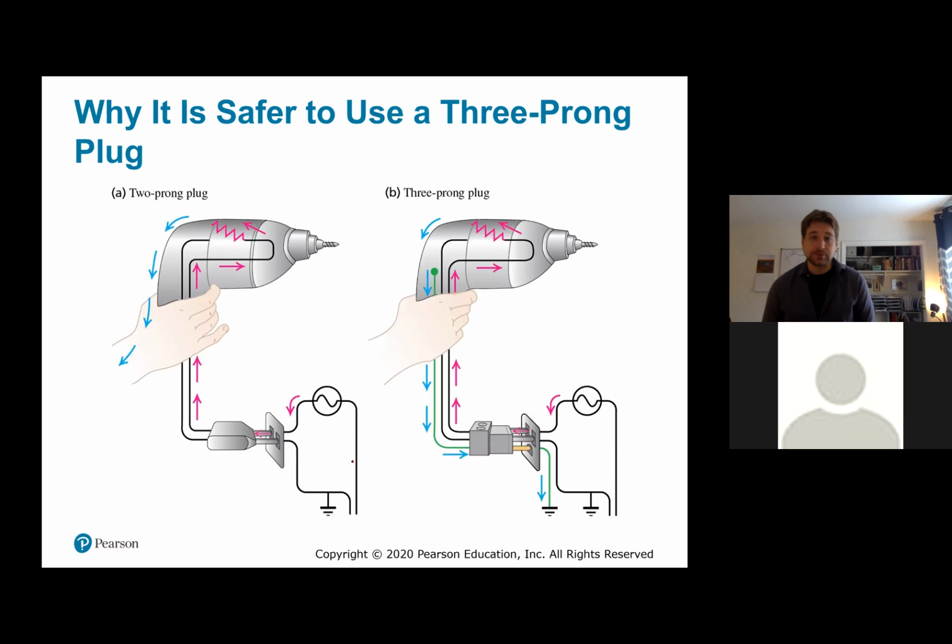What's the third prong for? Got my Mac charger here. This has two prongs. What's the third prong for?